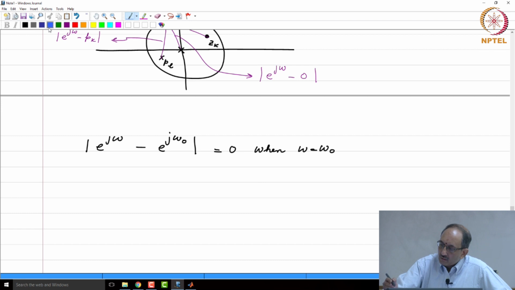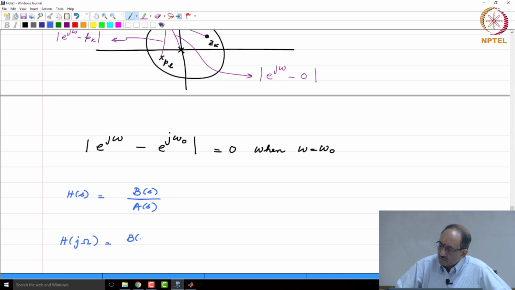In the continuous time case, you had H of s, and this was of the form B of s over A of s, and your frequency response was H of j omega, and what you did was you evaluated the Laplace transform by replacing s by j omega.